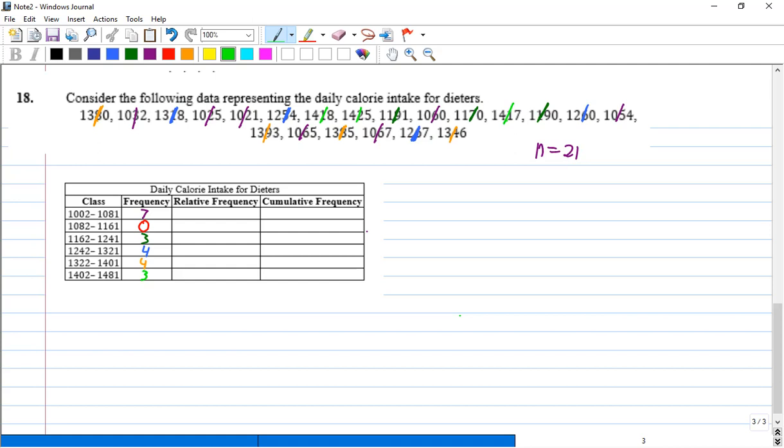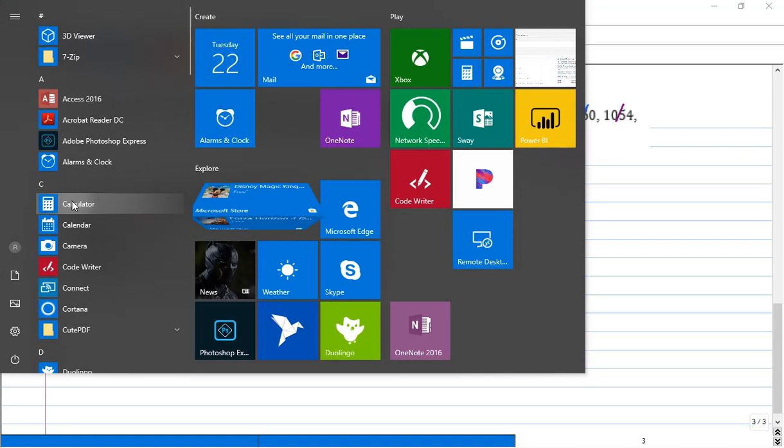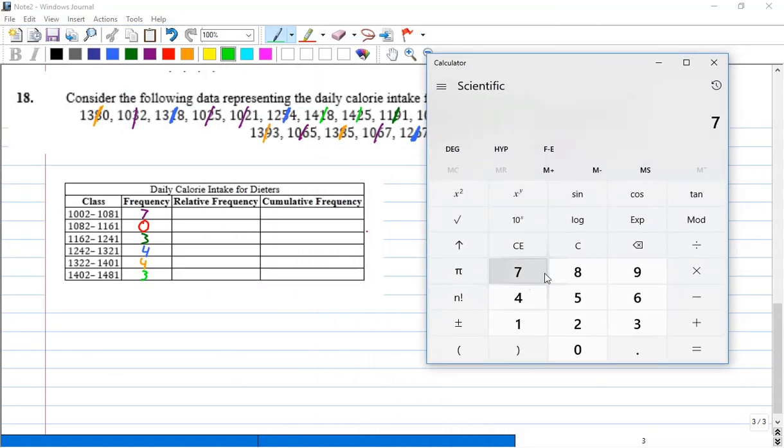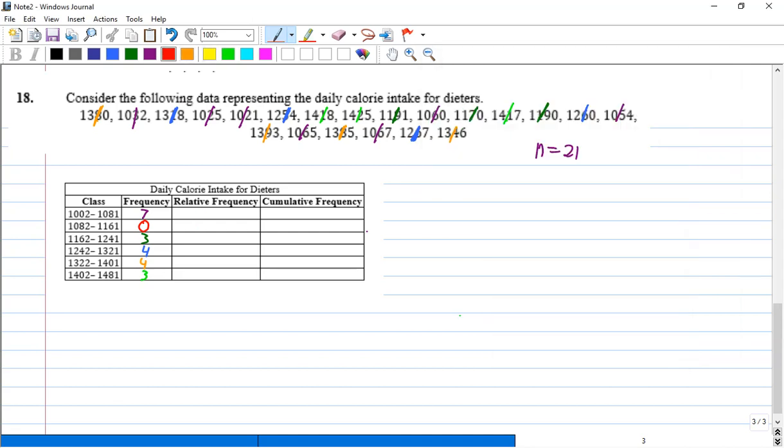All right, so relative frequency, we're going to take the frequency and divide that by the total number of data items. So 7 divided by 21. That's 33.3, so we'll just put 33 percent. 0 is, of course, 0%.